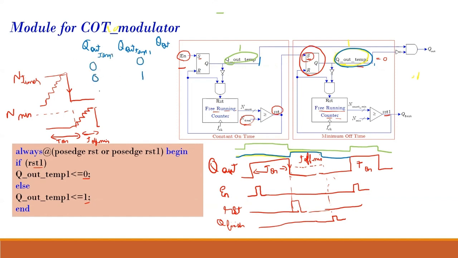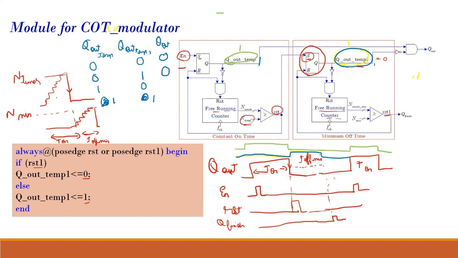That's why truth tables you should think in these terms. So what is the truth table of this? If Q out temp is 0, Q out is 0. If Q out temp is 0 and Q out temp 1 is 1, still it will take the value of 0.